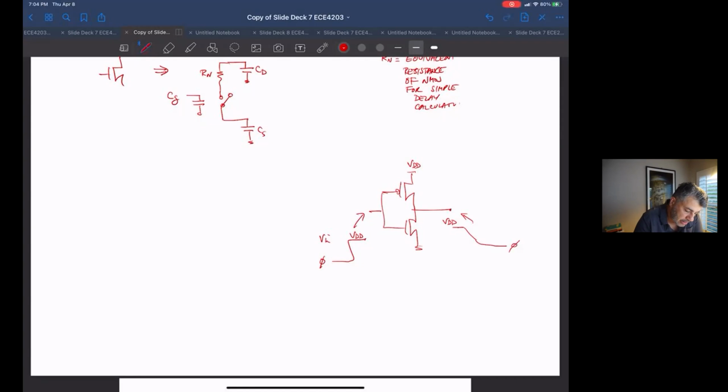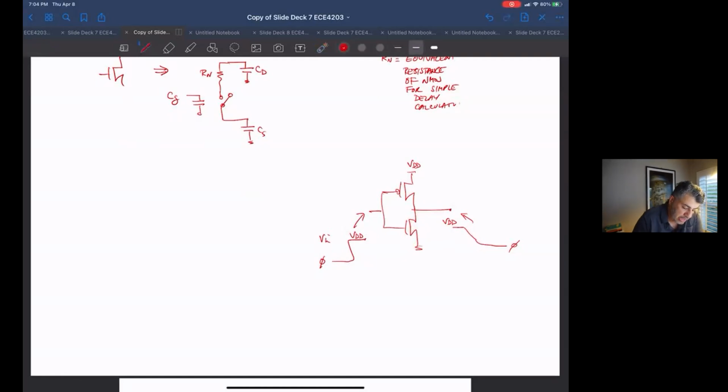Assume this is very fast, so we don't really see a rise time here. Let's say it's a picosecond, very quickly. So immediately the PMOS would turn off, the NMOS would turn on, and then drain the output node to ground. The input of the NMOS went from being off to being on, and then it started draining this thing, and that's why the output went down.